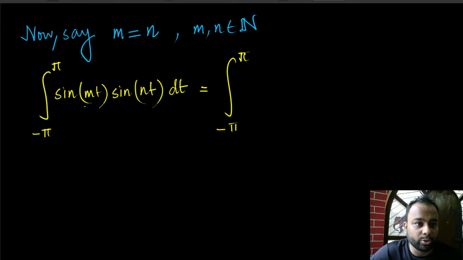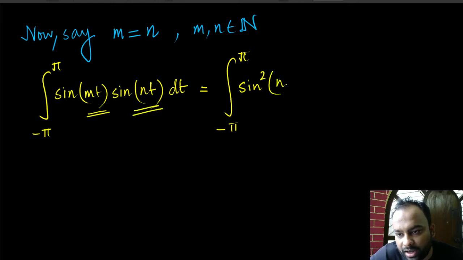We are considering that particular situation. In that situation, the value of m and the value of n will be equal. So I can put n instead of m. Obi is partially correct. We have to put n, for example. So I would now have sine of nt and also sine of nt.